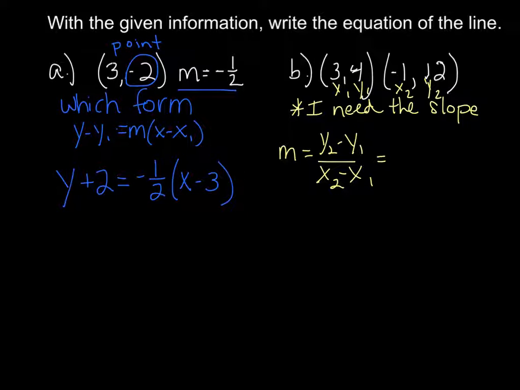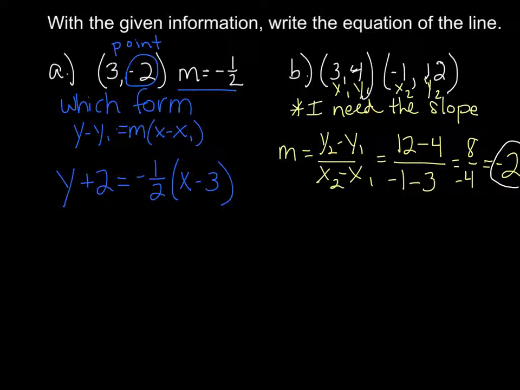So I've got y2, 12, minus y1, 4, over x2, negative 1, minus x1, 3. 8 over negative 4 is negative 2. So now I have a slope of negative 2.